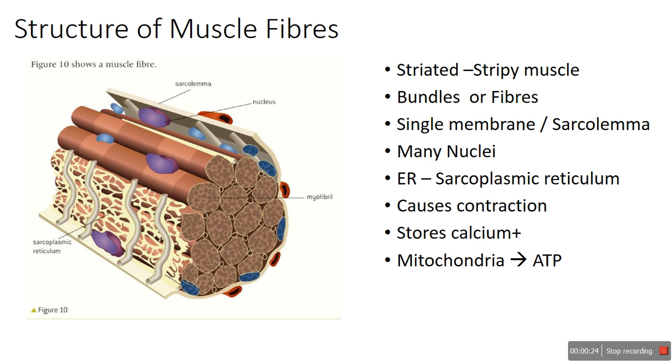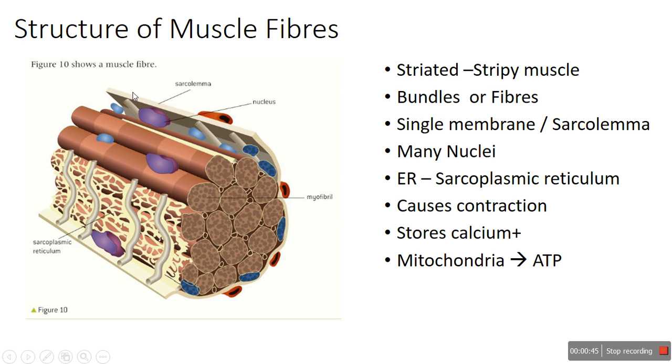Okay, so what we can see here in this image is a muscle fiber. The individual units of this muscle fiber are called myofibrils, which you can see running down here. They have something around them called a sarcolemma.